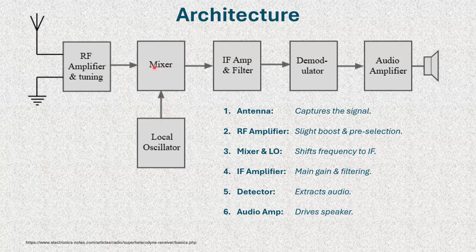And obviously something is getting mixed, and all of a sudden we have something that is called the intermediate frequency. Then we have the IF amplifier. The IF, intermediate frequency, comes out of this square right here.